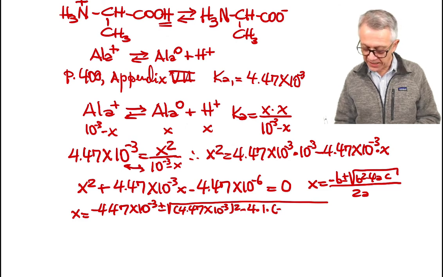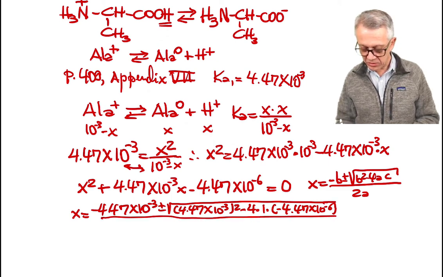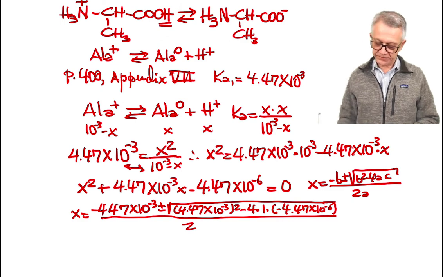Now c is minus 4.47 times 10 to the negative 6, and all of this is divided by 2a, where a is 1.